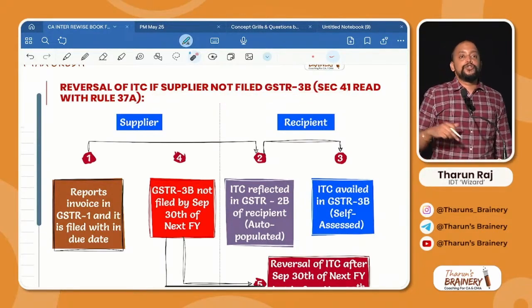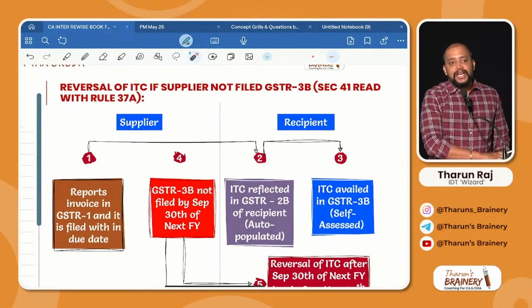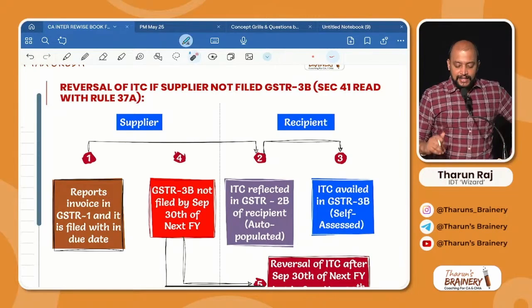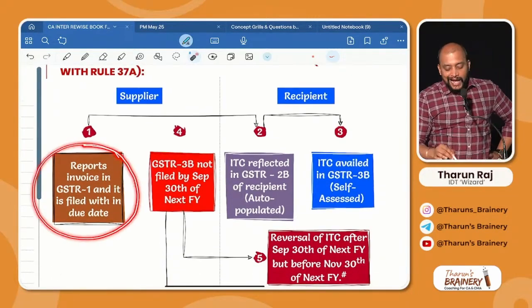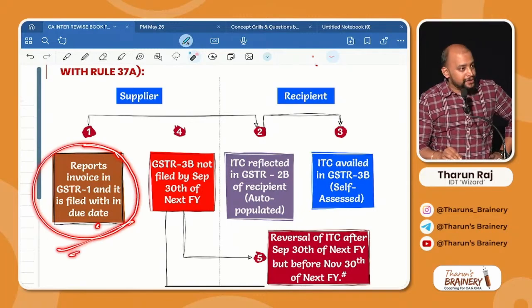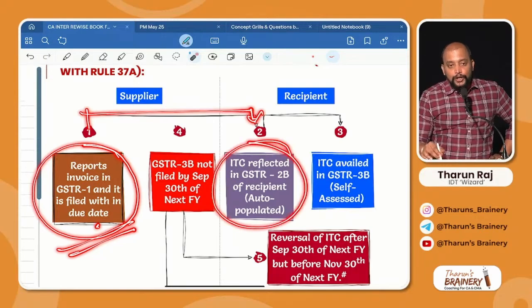Actually here, for whose mistake who is getting penalized? Supplier's mistake, recipient is getting penalized. See this. Supplier reports the invoice in GSTR1 and files it within the due date. Understood? Based on this, where will it come? In recipient's 2B, auto-populated. So what did the recipient do?